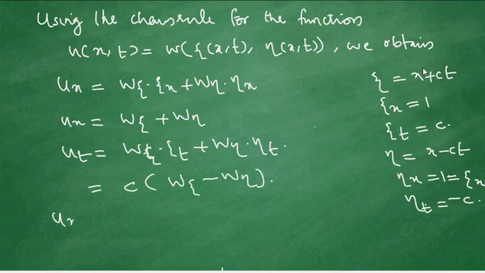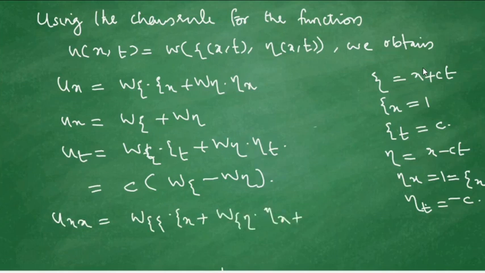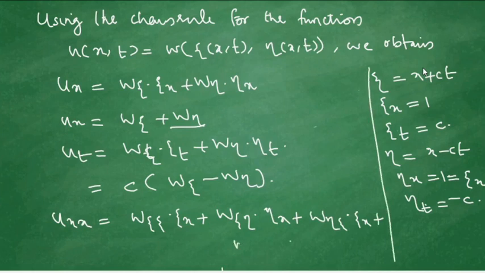Now what is uxx? Uxx is again w theta theta into theta x plus w theta eta into eta x, plus, now for w eta, w eta theta into theta x plus w eta eta into eta x.